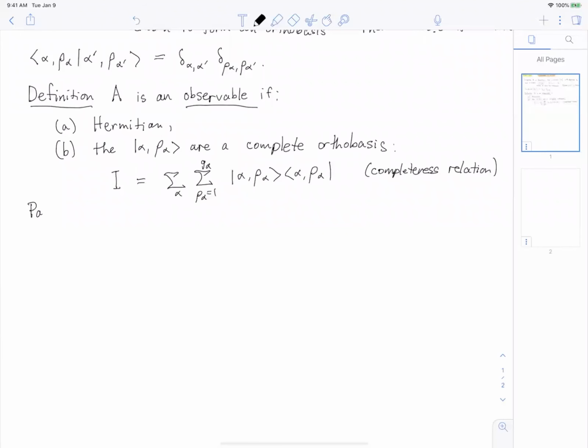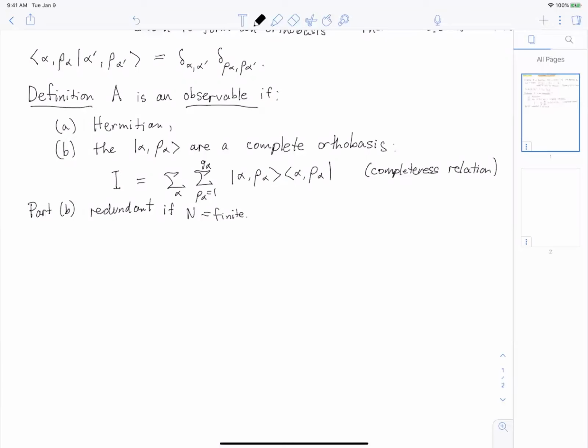So part B is redundant if n is finite. But the reason it's there in the definition is to avoid pathological cases where you could have infinite dimensional Hilbert spaces and you won't have a completeness relation. And we'll see later why you cannot call the thing an observable unless it obeys this completeness.